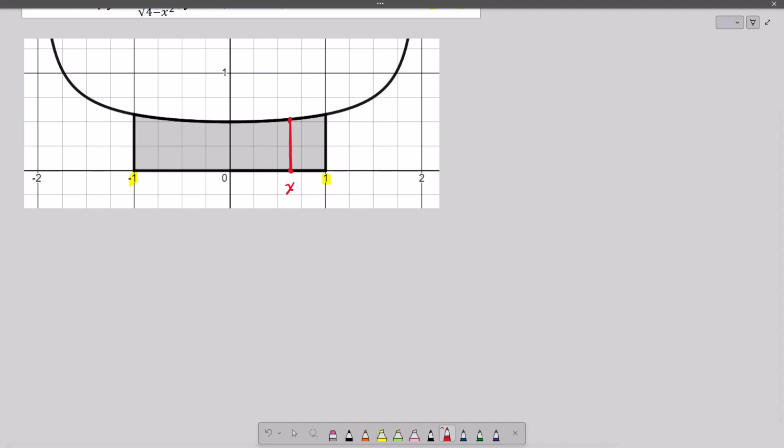So that rotates around the x-axis and it creates kind of a spool-looking thing. And the radius of the disc is right here. The radius is coming from that function that builds that curve.